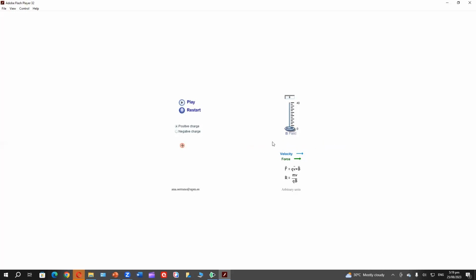But now look at this screen. See the deflection. The charged particle is deflecting in a circular path.